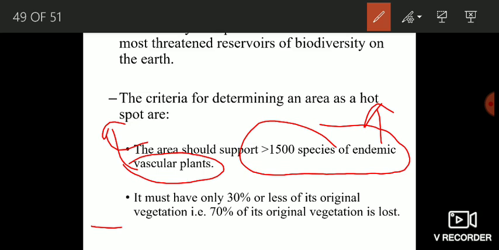So if an area supports a large number of species, and at the same time it is receiving immense threat in the form of deforestation, overhunting, pollution, etc., this region should be named as a biodiversity hotspot, so that in future we can prioritize this area for different conservation programs.